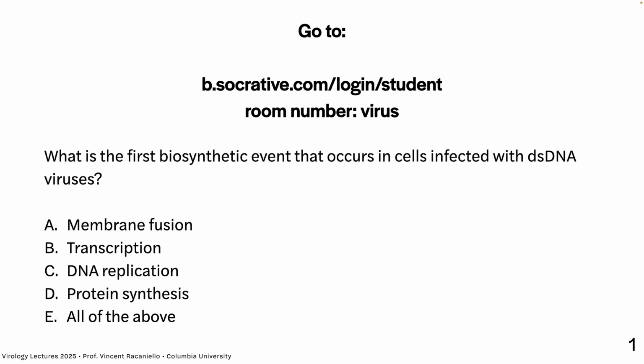First question, what is the first biosynthetic event that occurs in cells infected with double-stranded DNA viruses? Membrane fusion, transcription, DNA replication, protein synthesis, all of the above. Now, what I mean by biosynthetic is to make something, make a molecule.